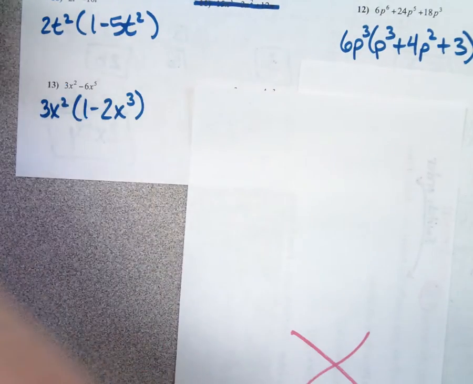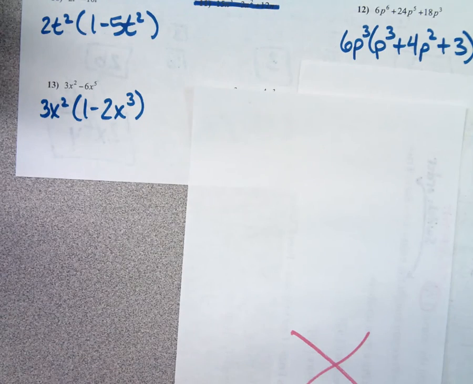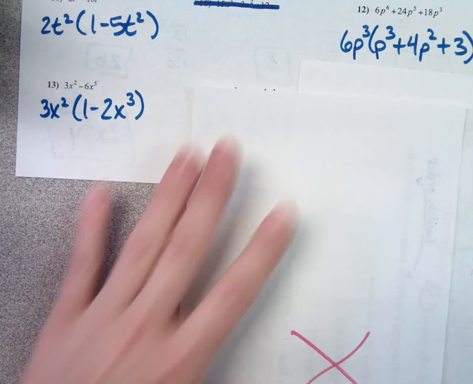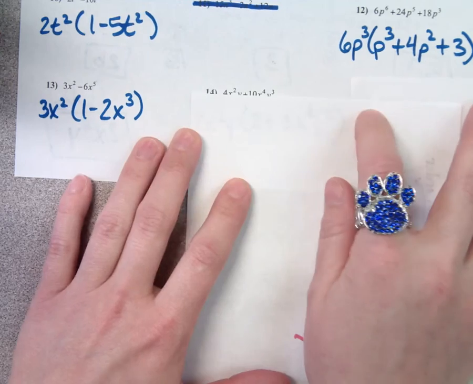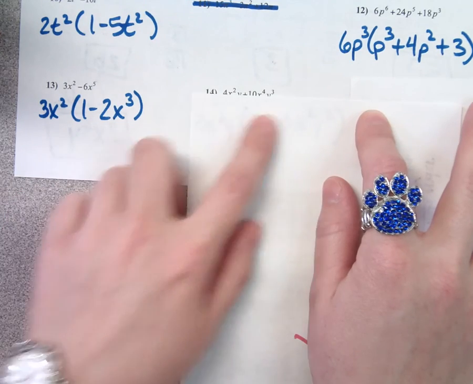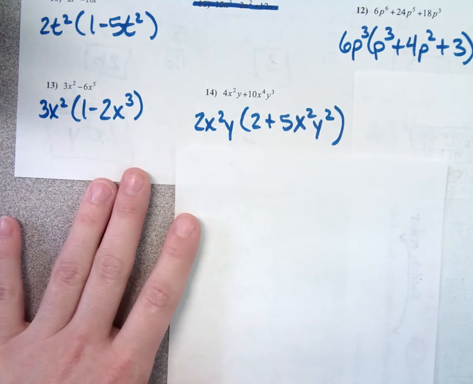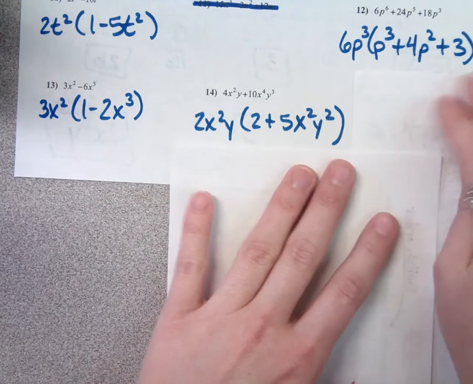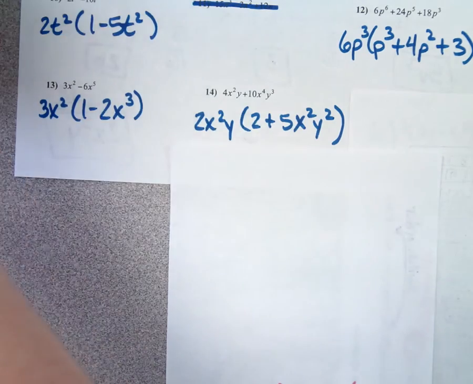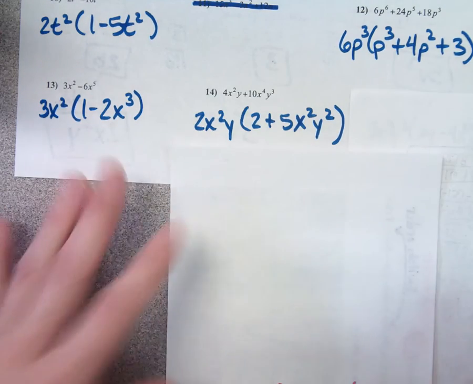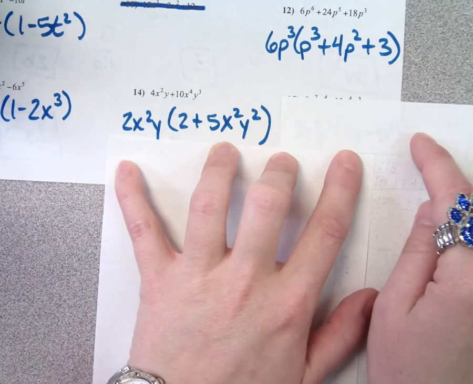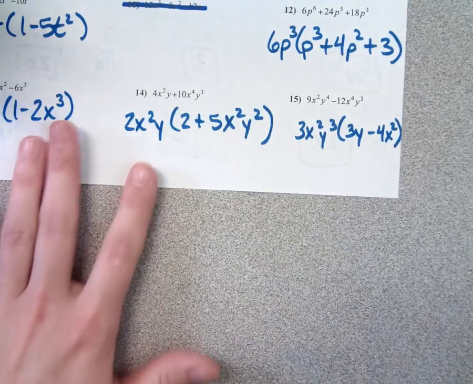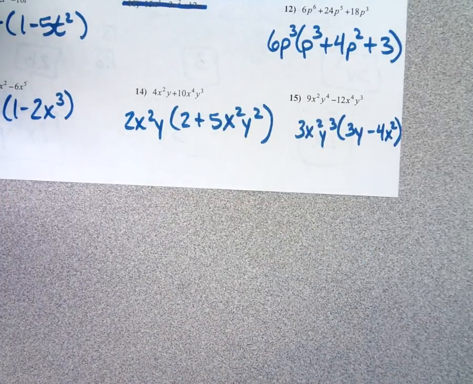Is everybody looking okay? Cooper, number 14. 2x squared y parentheses 2 plus 5x squared y squared. That's it. 2x squared y, and then in parentheses 2 plus 5x squared y squared, and that leaves us with one more. Tommy? 3x squared y cubed parentheses 3y minus 4x. That's it. Beautiful. 3x squared y cubed, and in parentheses 3y minus 4x. Thank you, Tommy. Take something.